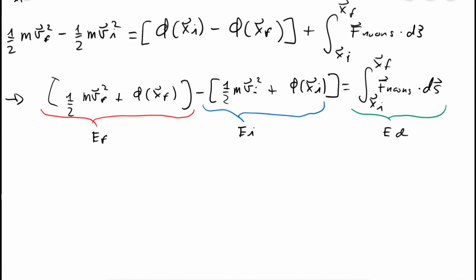Now, it is important, let's just make a note here, this is the final energy of the system. This is the initial energy, and this is the dissipated energy.